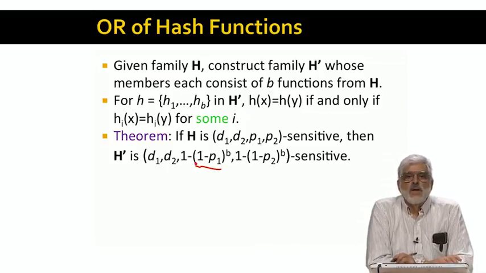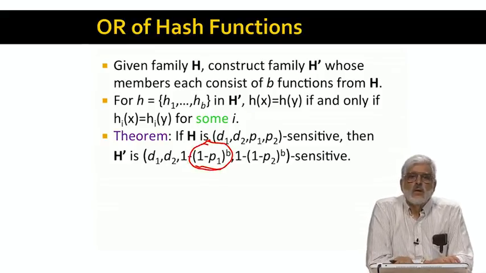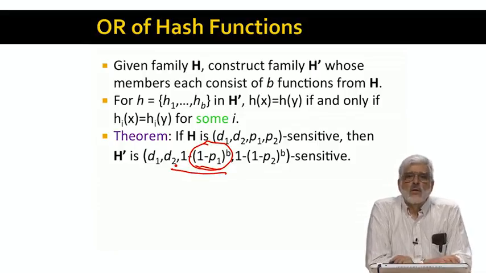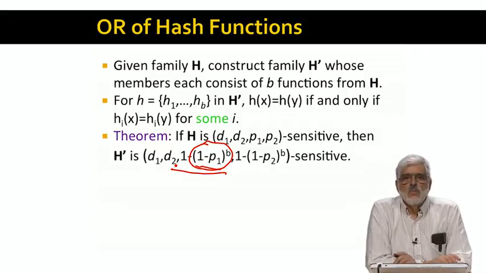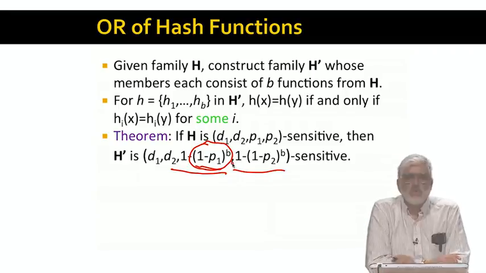The probability that none of B events occurs is that raised to the bth power. And 1 minus that is the probability that none of them occur is false. That is, at least one of the B events occurs. The same transformation applies to the other probability P2, of course.